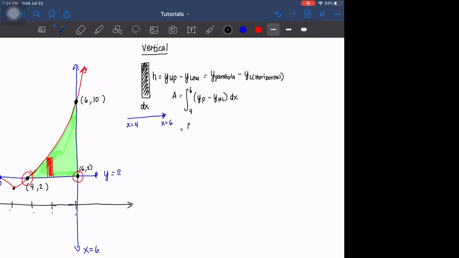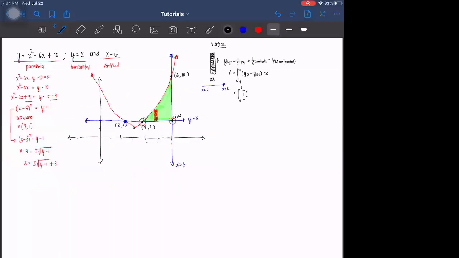What is y of the parabola in terms of x? x squared minus 6x plus 10. Okay, x squared minus 6x plus 10. And what is y of the line in terms of x?